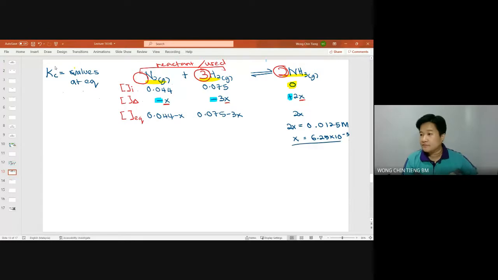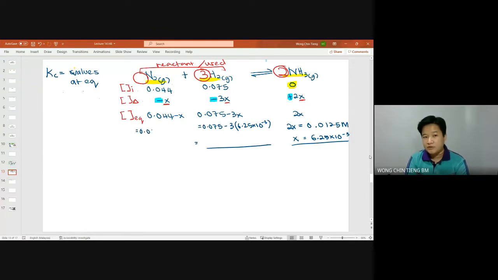Nampak x dia? I look at the way I answer. Tak payah salin balik. Sambung terus ke ICE table. Jangan tulis kat tepi dah. Tak payah tulis kat tempat lain. Sambung je kat dia. So you got over here 0.075 minus 3 times 6.25 times 10 to the power of -3. So kamu dapat jawapan dia, which is the concentration at equilibrium.